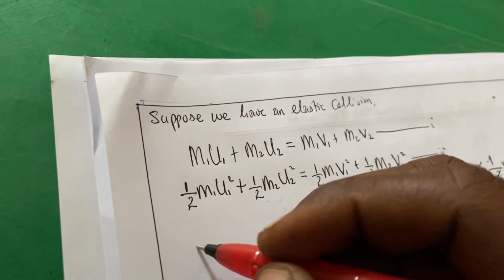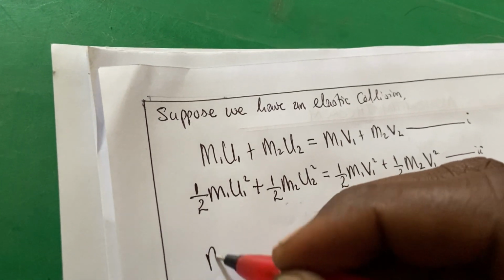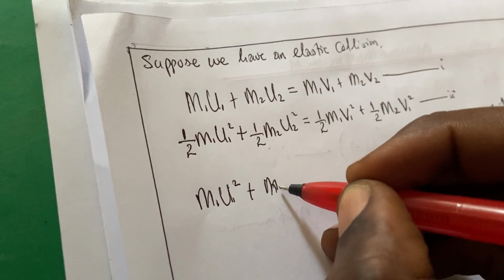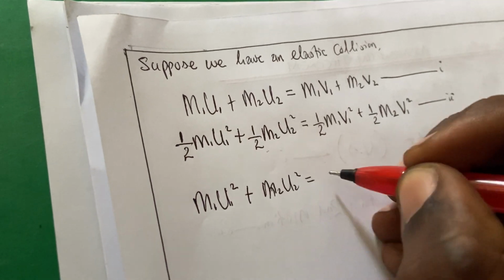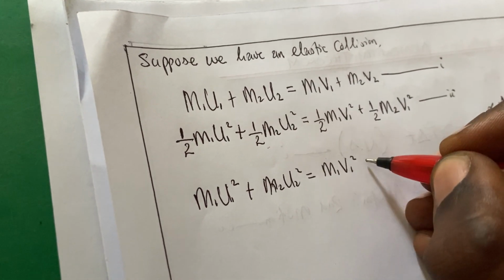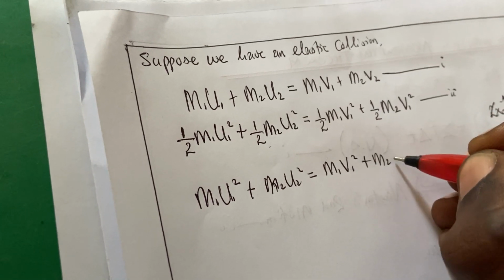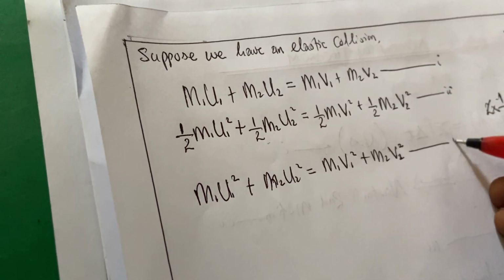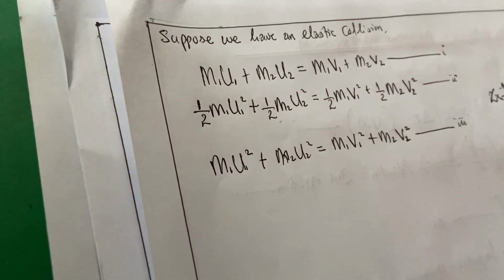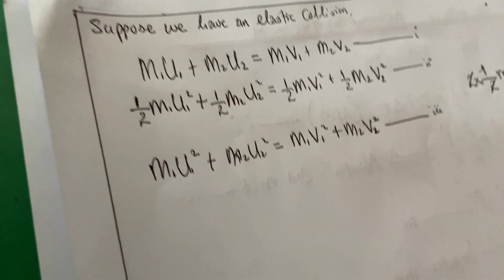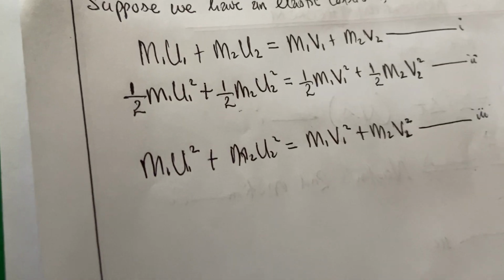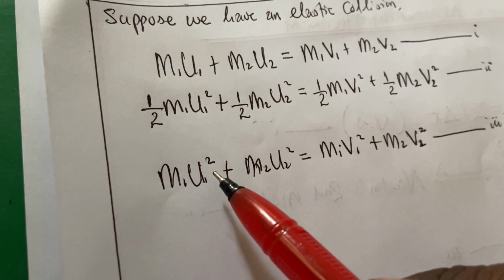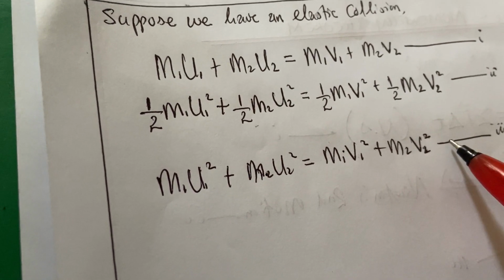So my equation 2 will become m1 u1 square plus m2 u2 square equal m1 v1 square plus m2 v2 square. I'm sorry, this becomes equation 3. So I'm going to pick like terms from equation 3: m1 will come together with m1, m2 will meet m2.